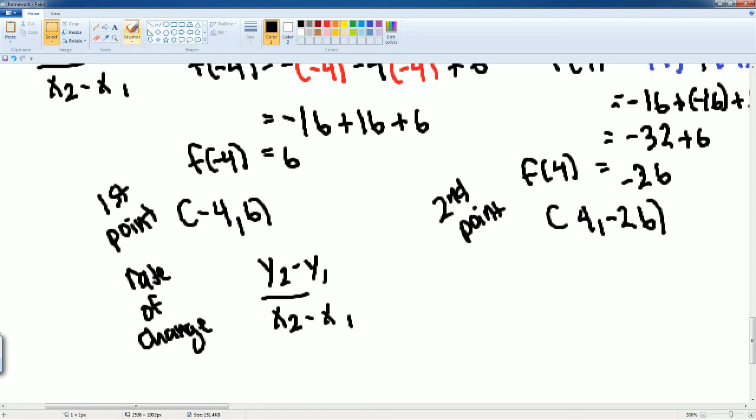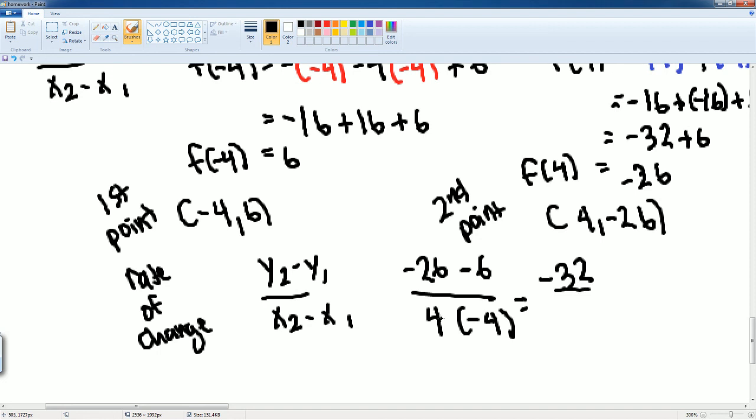So y2 was our -26 minus y1 is our 6 divided by x2, that is our 4, minus x1, which is our -4 here. -26 minus 6, that does get you our -32. 4 minus, oh, sorry, there should be a negative here.